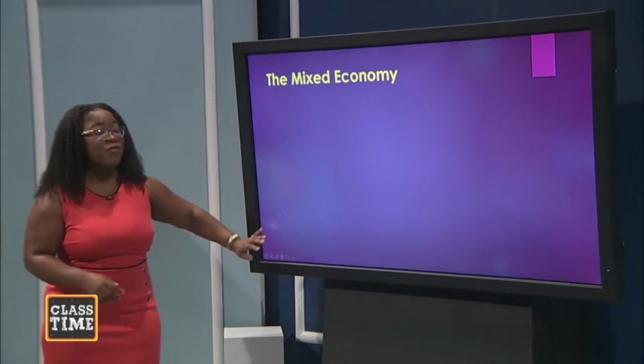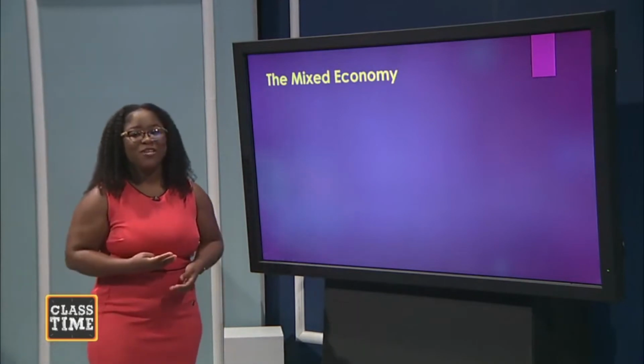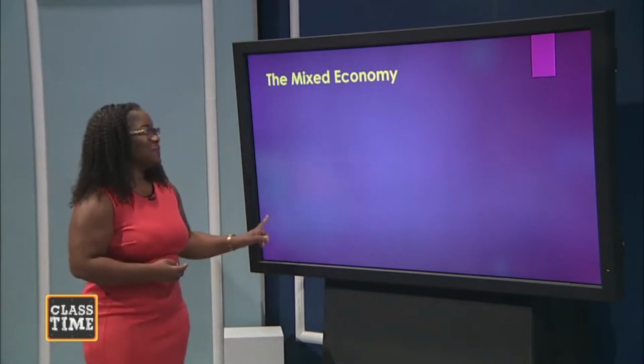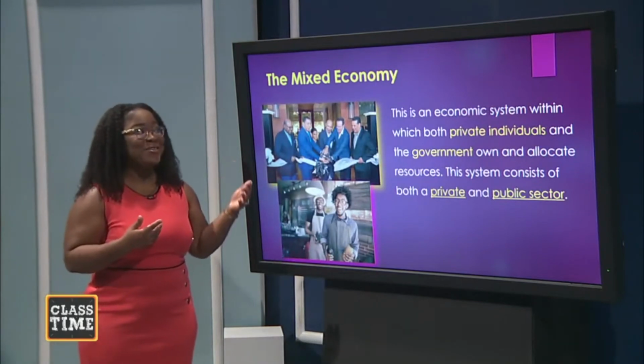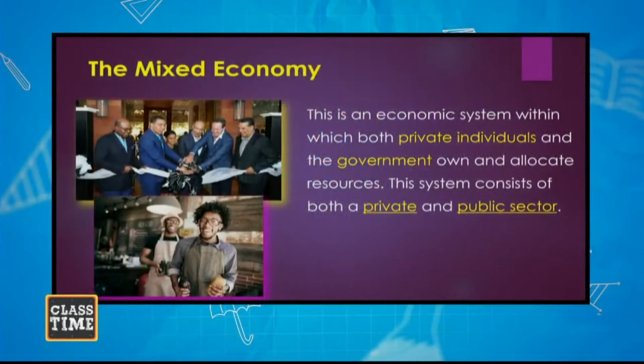Now we're moving on to the fourth economic system, and it's the mixed economy. Let's look at a mix of what? It's a mixture of both government control and firms, private individuals.